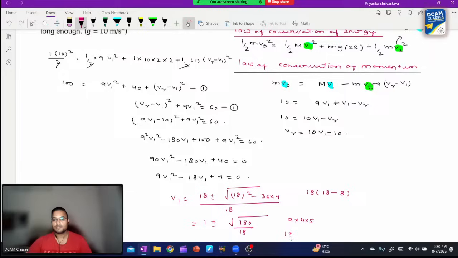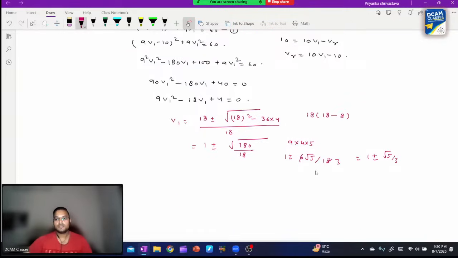So 1 plus or minus root 5 by 3. The V1 value that we are getting is 1 plus or minus 2.23 by 3, so 1 plus or minus 0.7 something, 1.7 and 0.3.